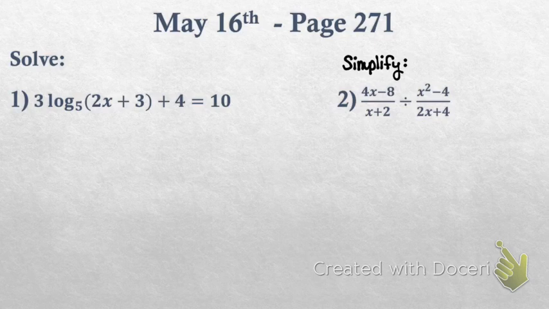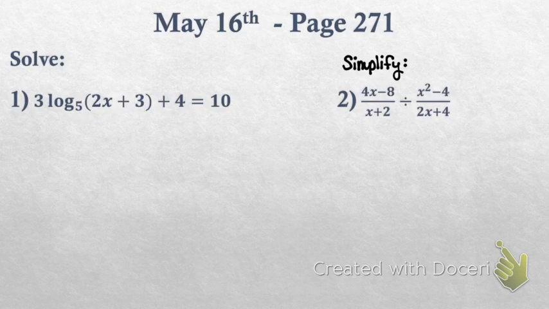We're going to find log of what? What's it got up there? Log base 5 of 2x plus 3. What's the unknown piece there? Which of these values is unknown?